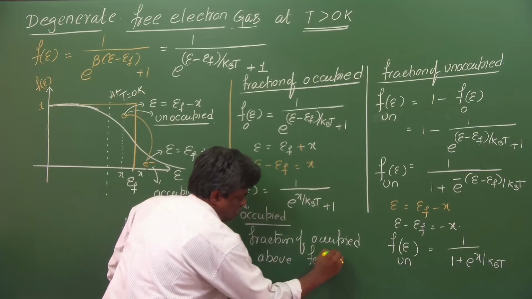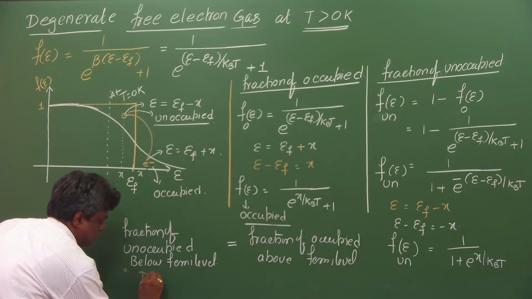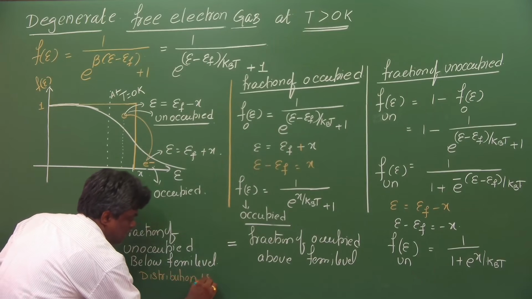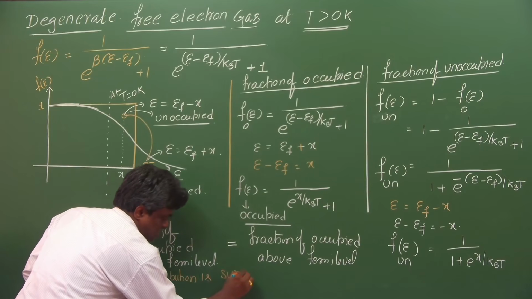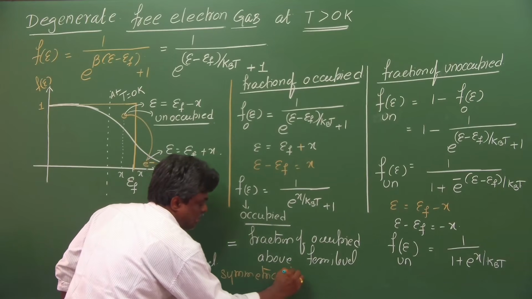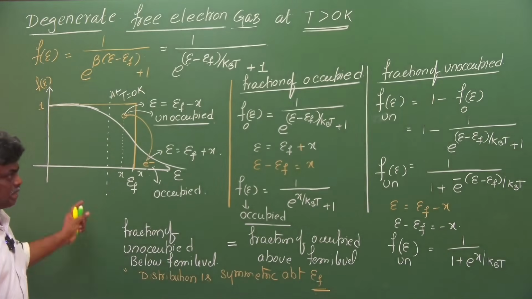So that's why you have to say the answer: the distribution is symmetric. This means symmetric about the Fermi level. That's it.